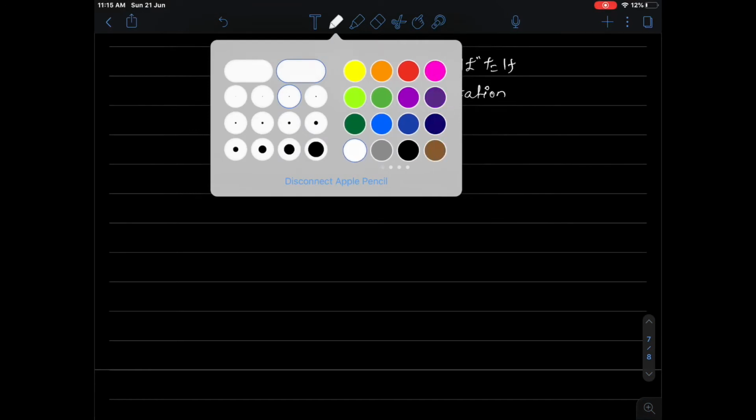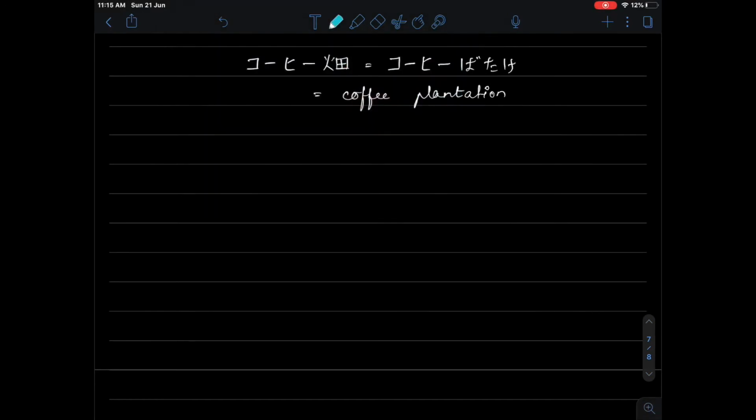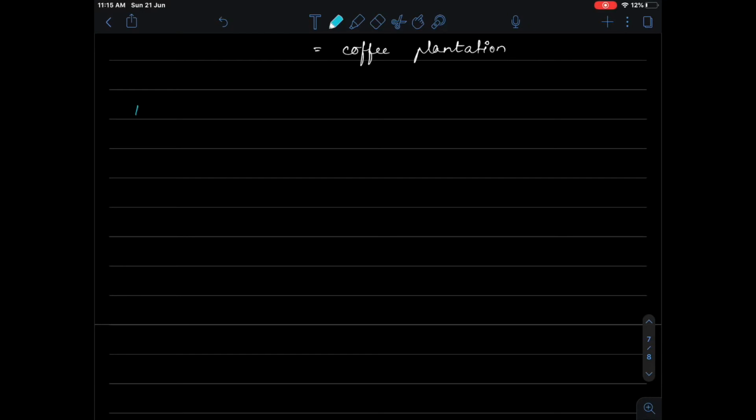Now let's have a look at the next kanji, that is number 130. Okay, 130. This is how that looks. 1, 2, 3, 4, 5, 6, 7, 8.